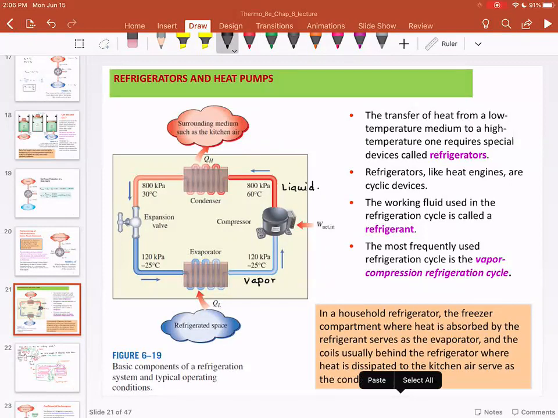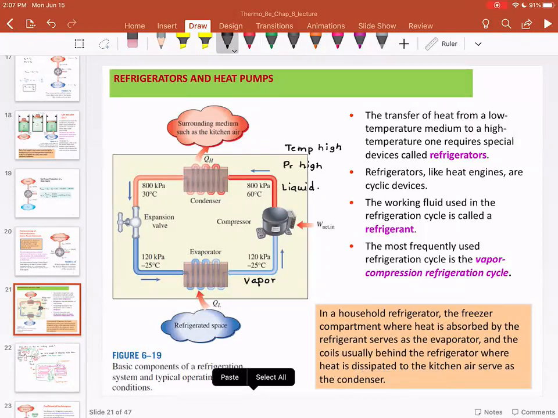After compression, you have high temperature, high pressure liquid. This liquid passes through the condenser. So the pressure remains high. So here pressure is high, but temperature is also high.